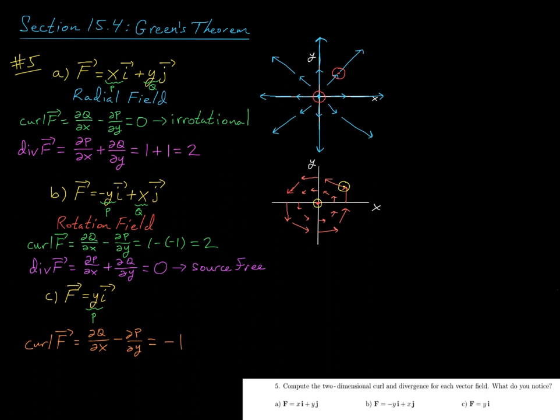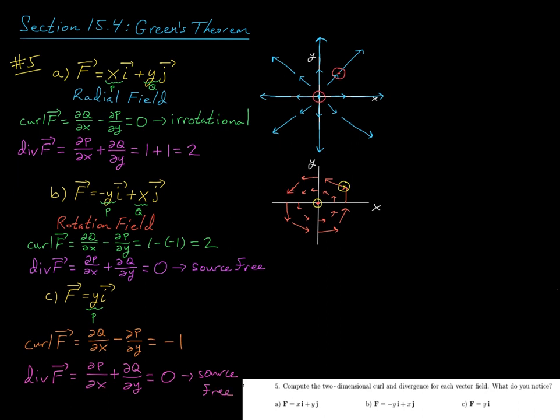All right, and then for the divergence, this is partial p partial x plus partial q partial y, and the x derivative of p is 0, and of course the y derivative of q is also 0, so this is again a source-free vector field.